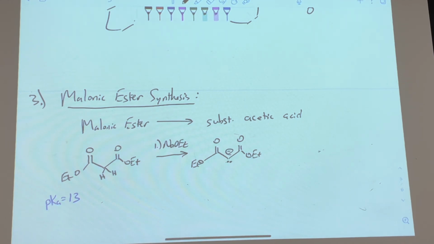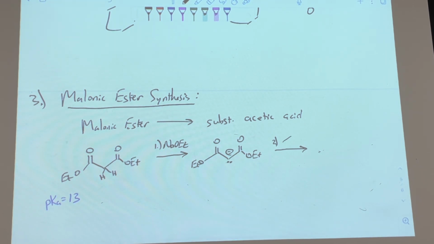And now I can use it as a nucleophile. It can do SN2 chemistry. So let's just keep it simple. Let's do this.